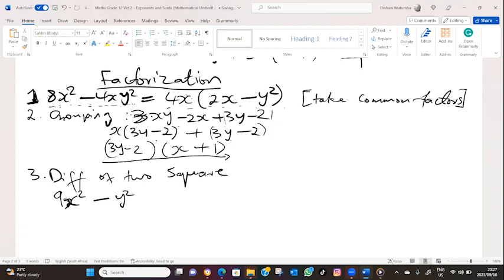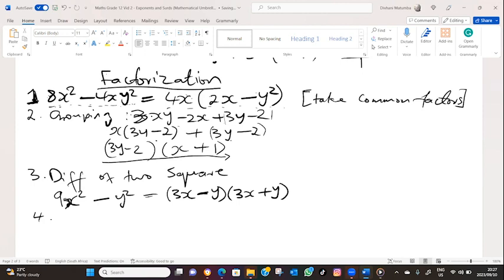The square root of 9x squared is 3x. Now, how do we factorize the difference between two squares? We get the square root of this expression, which is 3x. In the first brackets, if the first expression has a minus, the second expression will have a plus. Now, the square root of y squared is y. The second brackets, we copy the same thing, but we separate with a plus.